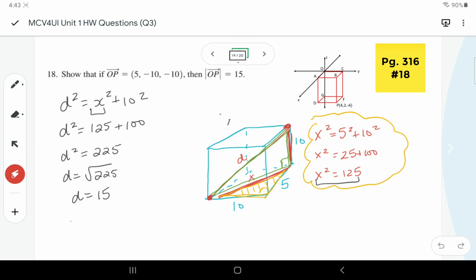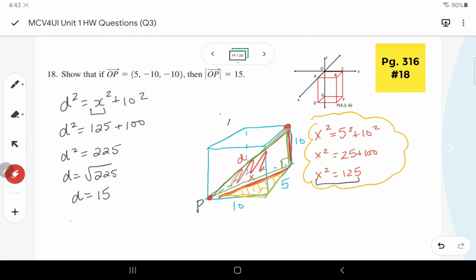So this point here, say point P, we kind of envisioned the cube or the rectangular prism, the box, and then broke this up into 2 different triangles. So the first triangle here is along the flat bottom of the box. We know that the 2 sides of that right angle triangle are 10 and 5, and we can figure out that the diagonal distance across the bottom is the square root of 125, or x squared, that distance across the bottom, is 125.